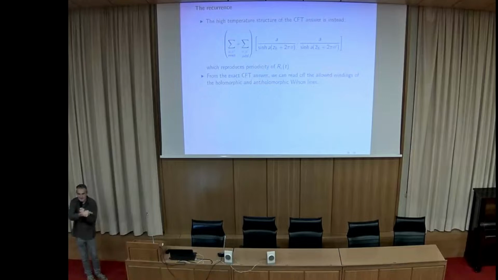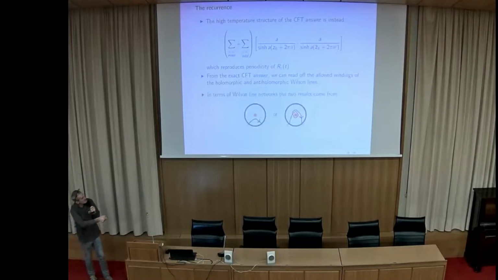And now we can make a picture and see what is the difference between the previous slide and this slide. In the previous slide, we had the Wilson line which had both charges, so we always had both holomorphic and anti-holomorphic Wilson lines on top of each other. While from here, in fact, the windings are almost independent.